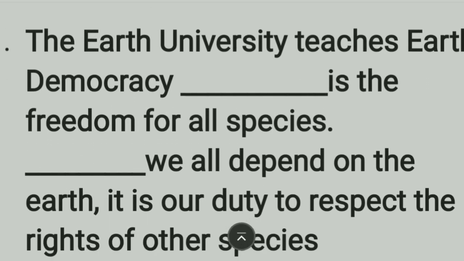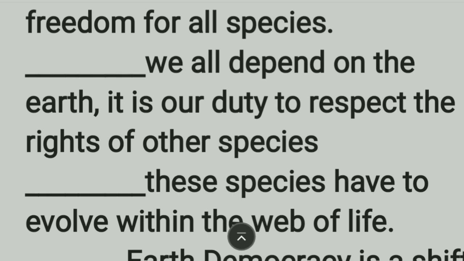Now, let's fill in. The Earth University teaches Earth democracy, which is the freedom for all species. So, it has to be which is the freedom for all species.